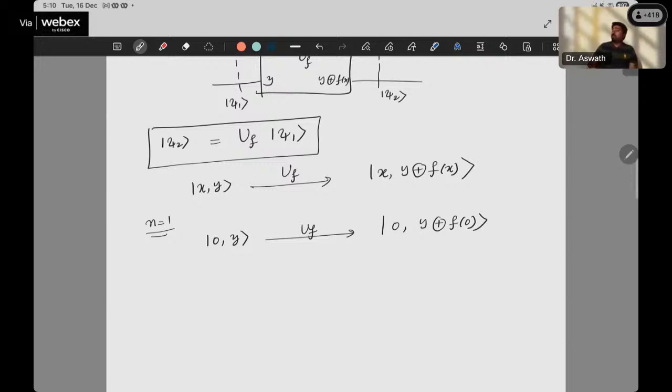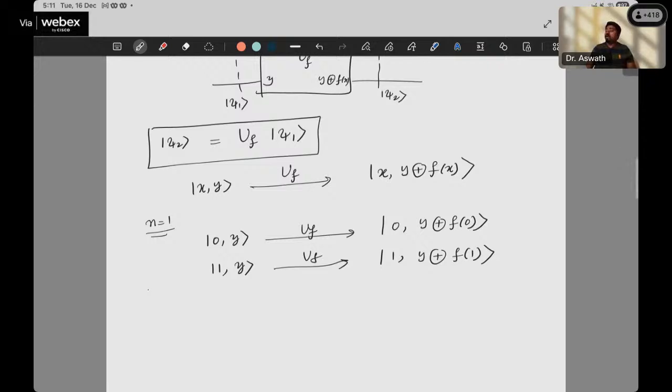Sorry, for n equal to 1 itself there is another possibility. If x is equal to 1, I'll have 1 comma y plus f of 1. Okay, right? So this is there.